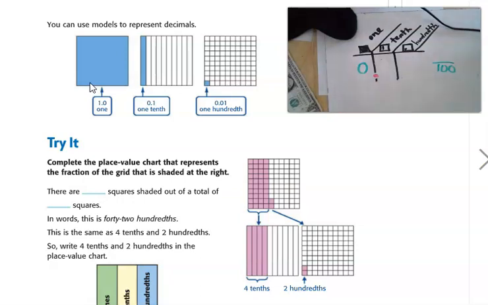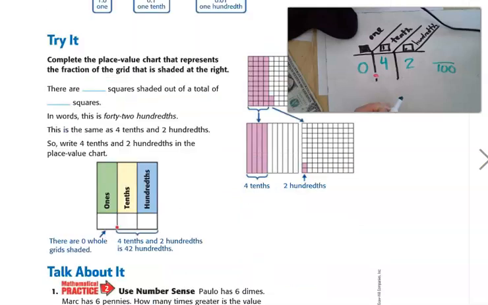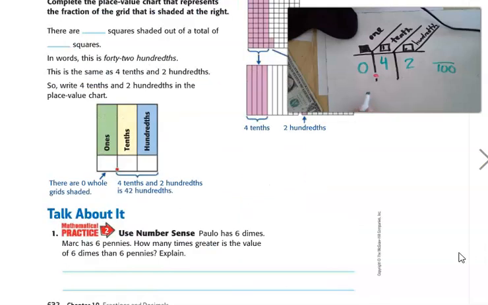I'm going to count 1, 2, 3, 4 complete bars that are shaded, so I'm going to put 4 in the tenths place. And I see 2 hundredths, as it's showing here, so 2 goes in the hundredths place. So in order to write this number, I would write 0.42. That's how that one is written.